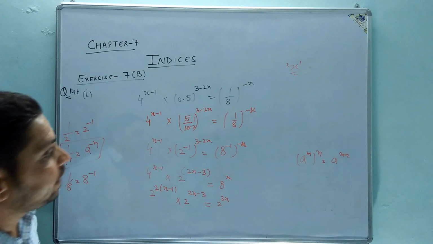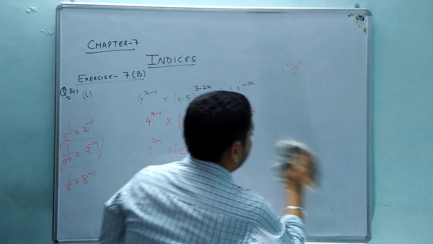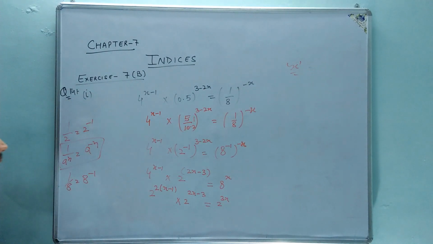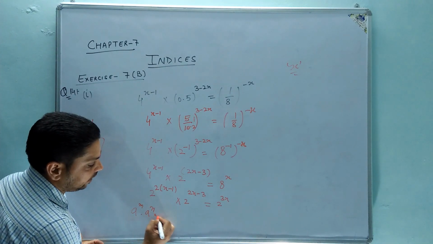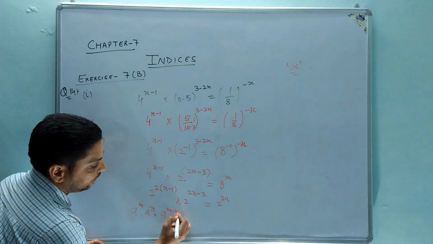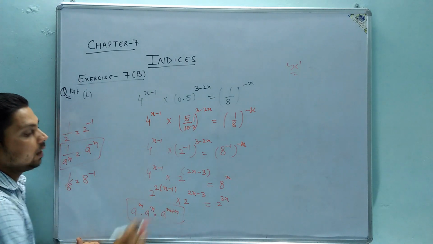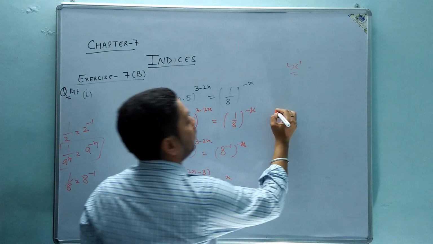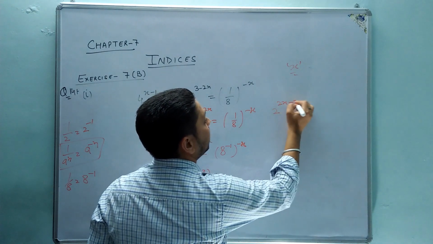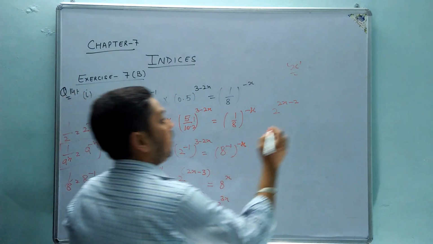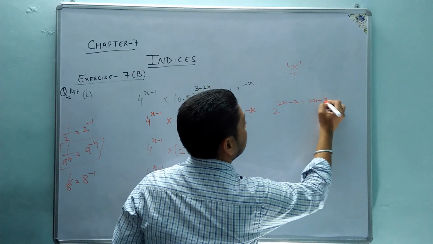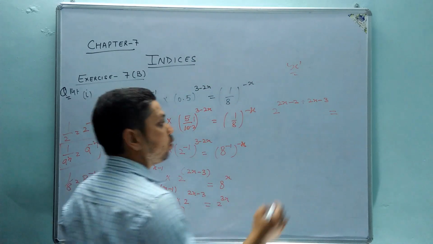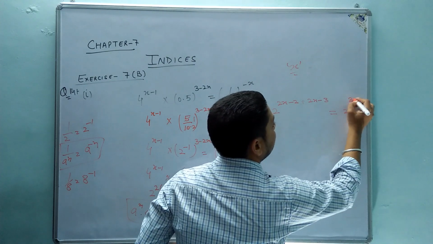Now the bases are the same. First apply the property a raised to power m into a raised to power n is equal to a raised to power m plus n. On applying the property here, what do I get? 2 raised to power 2x minus 2 plus 2x minus 3 is equal to 2 raised to power 3x.